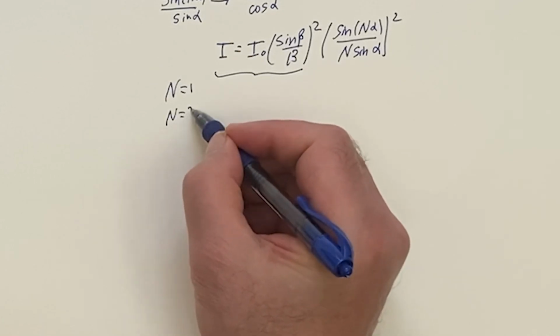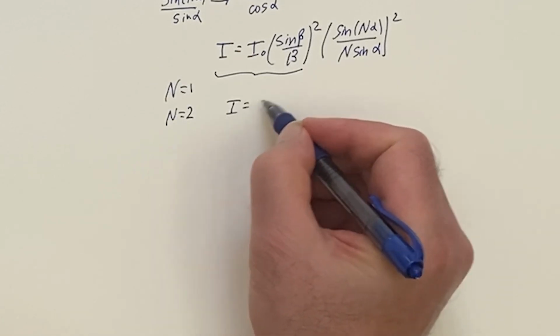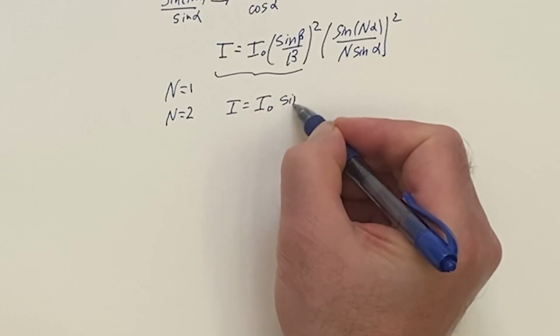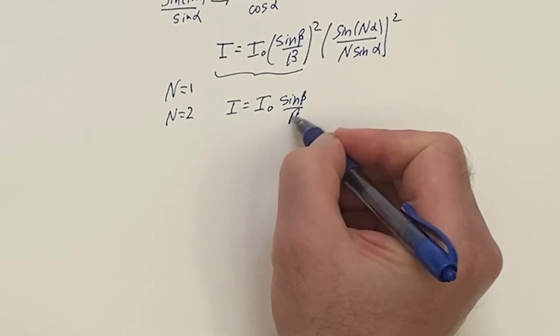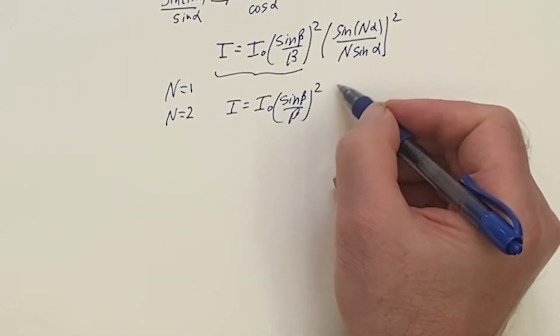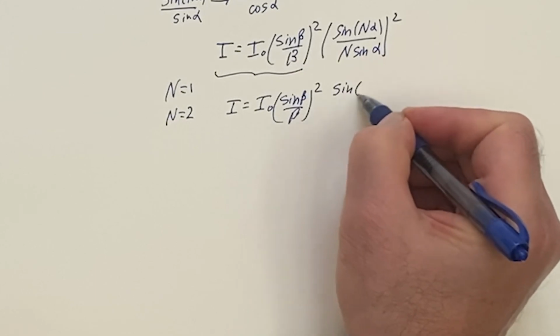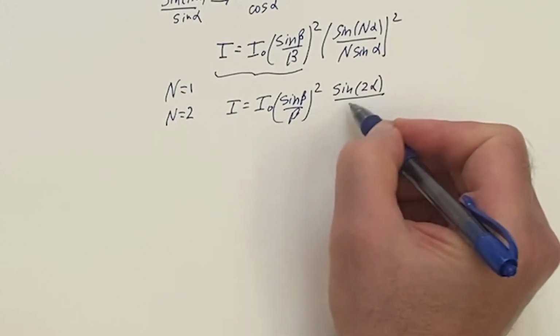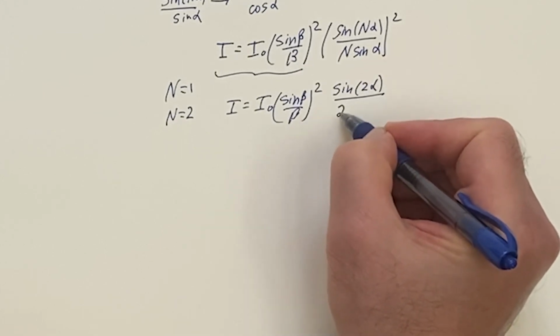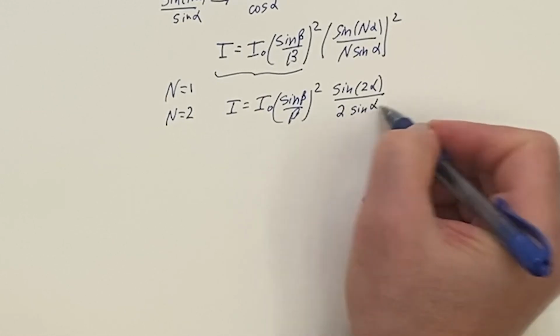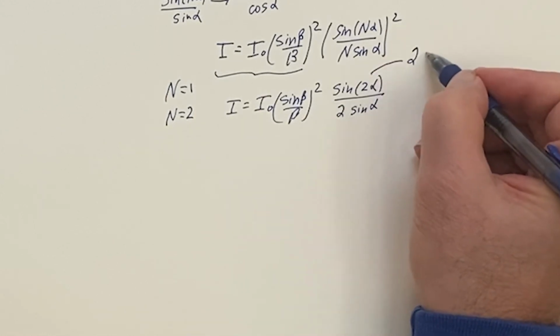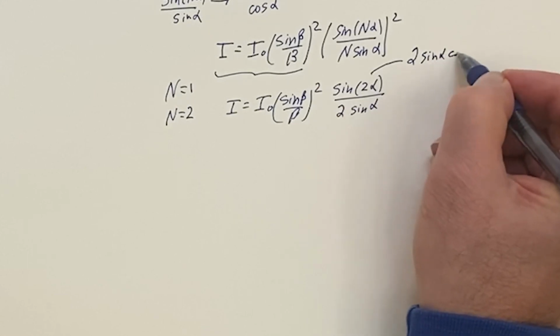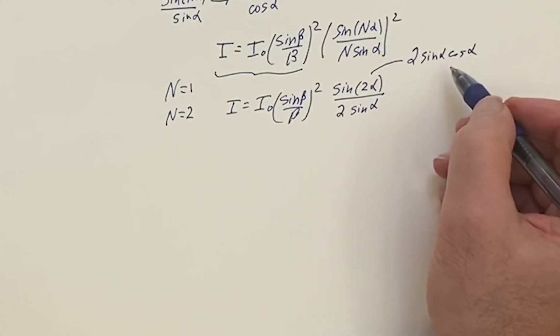If n is equal to 2, then you would have the diffraction piece there, but now you would have sine of 2 alpha over 2 times the sine of alpha, and this is 2 sine alpha cosine alpha. We had looked at that trig identity earlier.